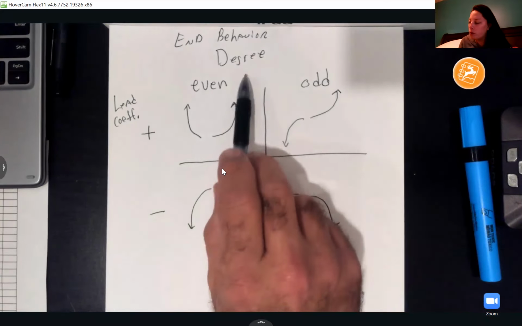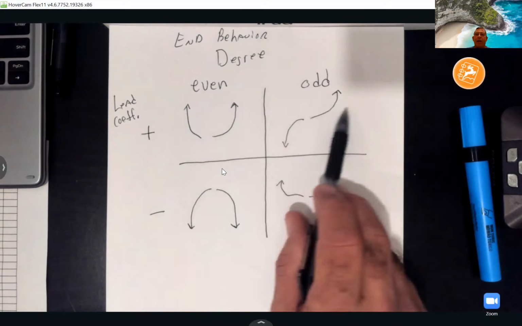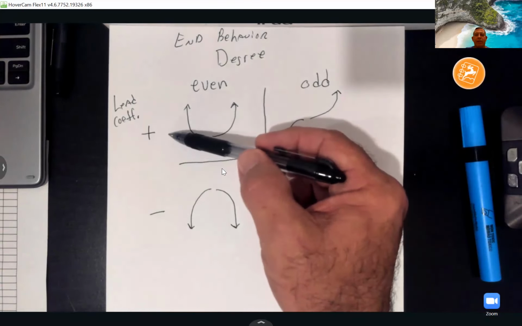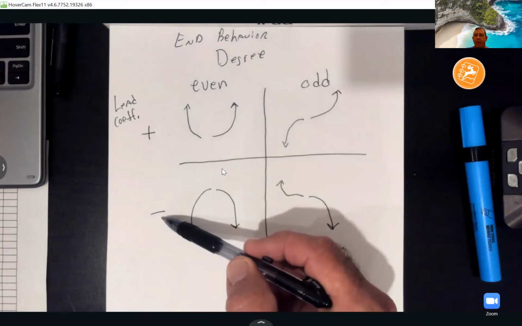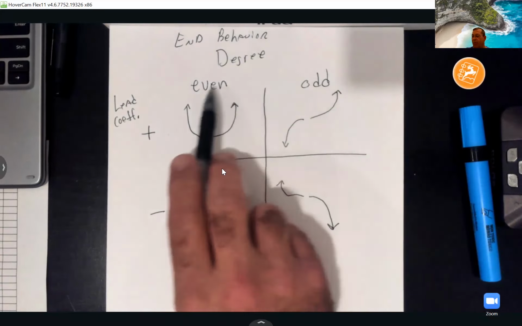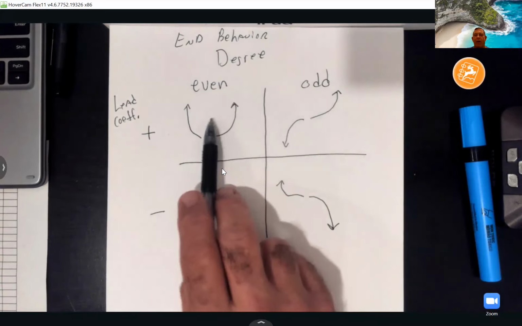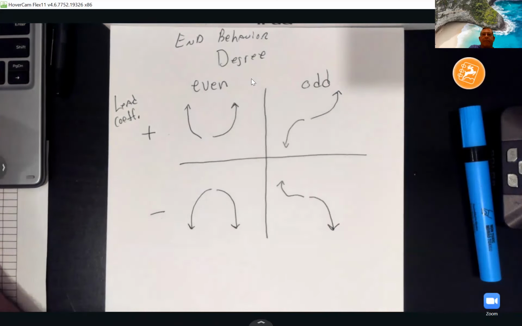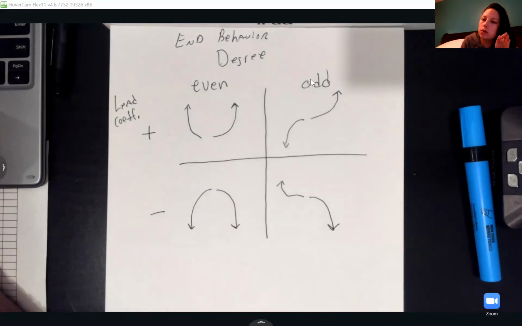Remember, it compares the even and odd degree, and then it looks at the positive and negative lead coefficients. So determine whether you're even or odd, and then whether you're positive or negative on that lead coefficient. And you said you always take the highest degree? The highest exponent. There you go.